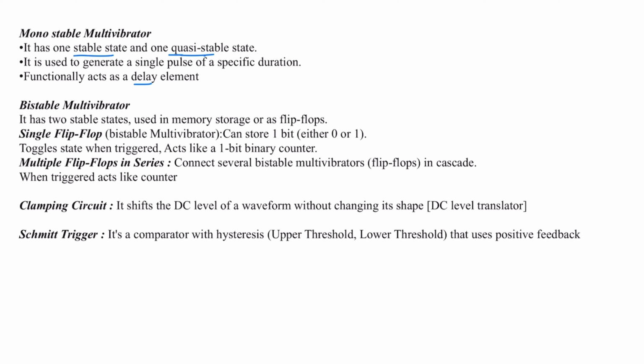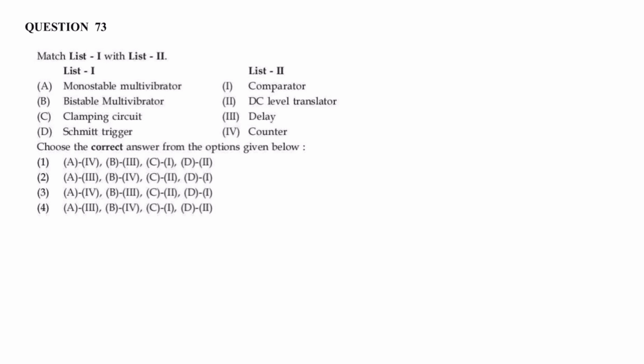Clamping circuit is nothing but a DC translator, DC level shifter. Schmitt trigger is nothing but a comparator that uses positive feedback. Schmitt trigger is a comparator. Clamping circuit, DC level translator.